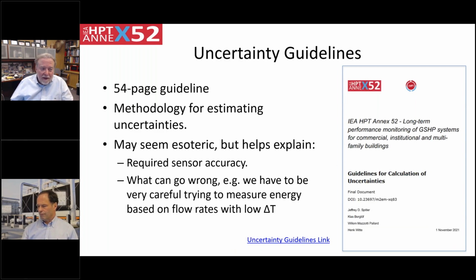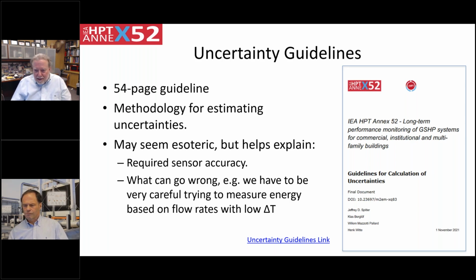We also have published a set of guidelines on methods for calculating uncertainties. This is a 54-page guideline. I took the lead on this. It may seem a bit esoteric, and I won't blame you if you think it is, but it does help explain the required sensor accuracy and also where things can go wrong.